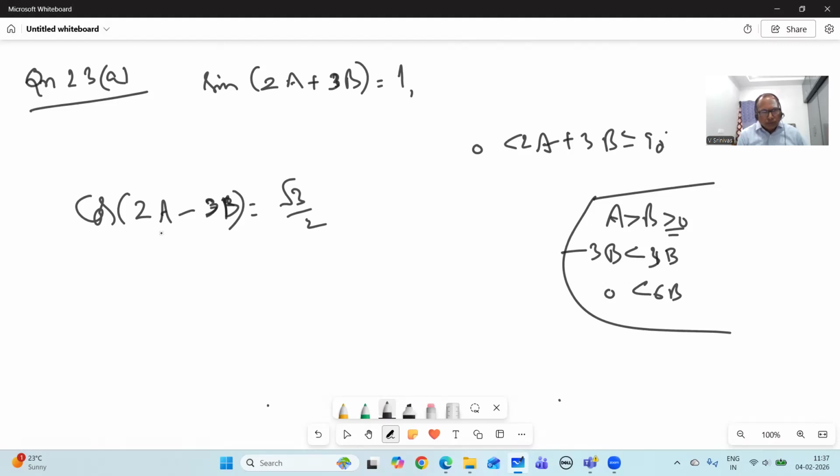Now, cos of 2a minus 3b is root 3 by 2. You assume this is an angle in the first quadrant. So this happens when your 2a minus 3b is 30 degrees. For cos, we know cos 30 is root 3 by 2, sin 30 is half.